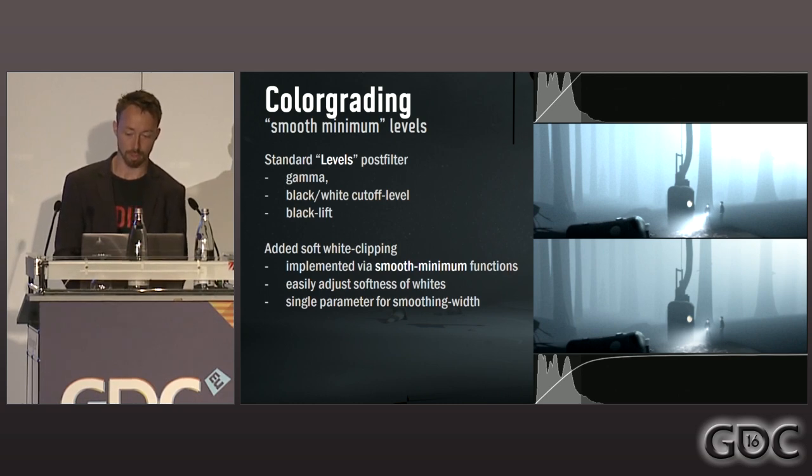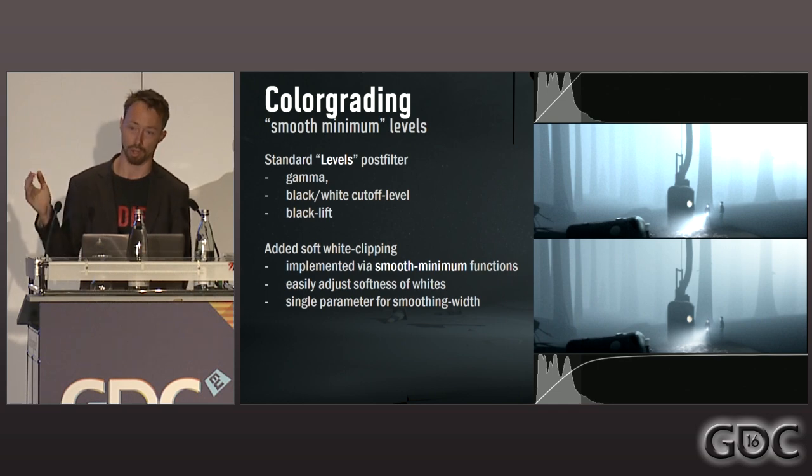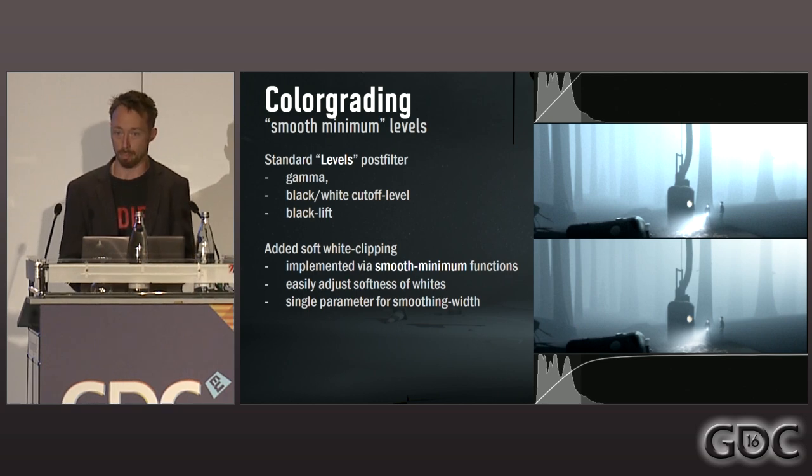One other thing we do in the final post-effects pass is that we want to be able to adjust the brightness, and the way we do that is as simple as possible. We have a Photoshop-like levels filter where we are able to adjust the black level and the white level, and the issue with that is that it's very easy to cut off the whites and get these burned out white areas. So what we did was that we used what's called smooth minimum and smooth maximum functions.